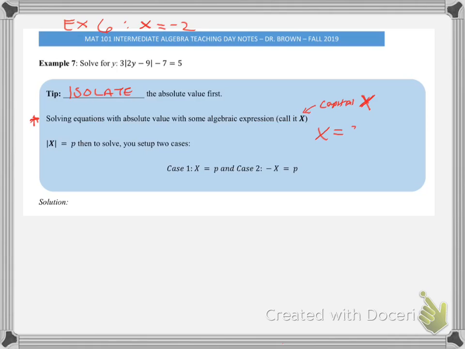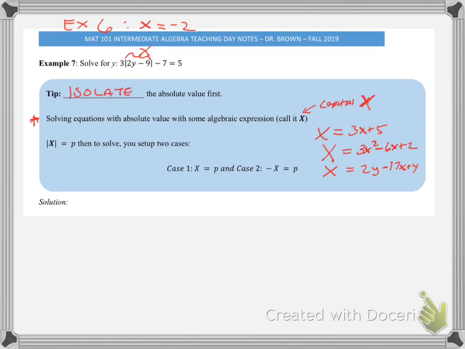So X could be 3x plus 5, X could be 3x squared minus 6x plus 2, X could be 2y minus 17, x plus 4. It could be any type of expression. So in our case, this is representing that capital X. And that's why it's capital. It's not representing a lowercase x like I did in class, that example I did in class today.